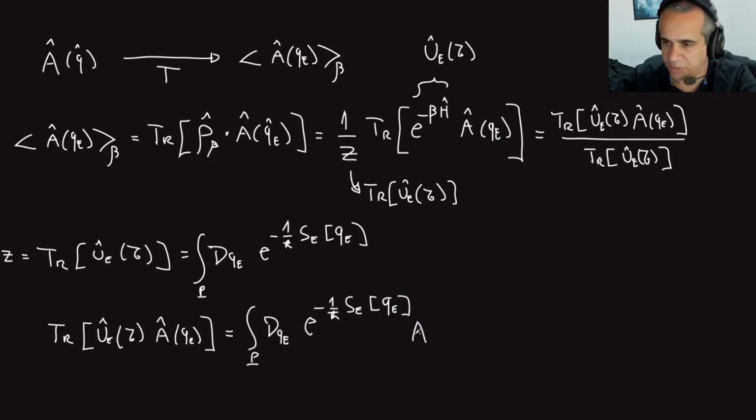But now instead of the operator here, I have a function, a classical function of tau, which is defined by the eigenvalues of this guy, right?